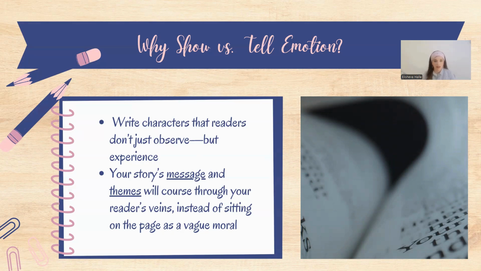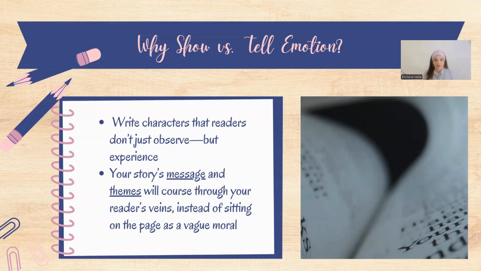There were different layers of how the lie could show up on the page. Some of those layers, I think you could tell more, and for some of those layers, showing would be better. Those layers were the character's thoughts, the character's behavior, the character's need, their motivation, and one of the very important ones was the character's emotions.